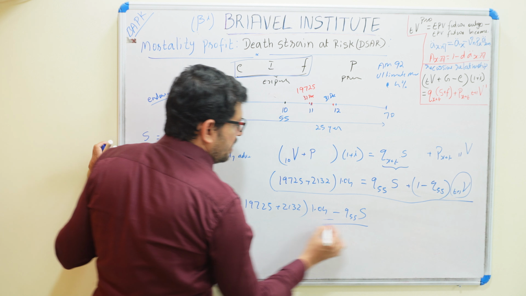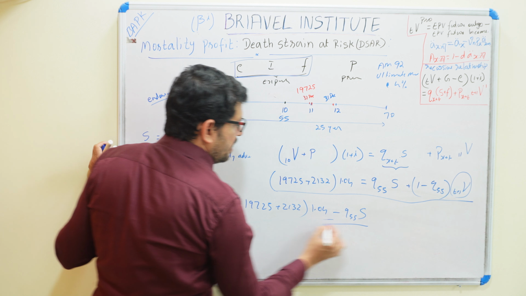We studied the recursive relationship for finding the next year reserve. When we find the reserve, we get approximately 22,496, about 22,500. So 22,500 is required as my next year reserve. Here the reserve has increased: it was 19,725, and next year the reserve increased.